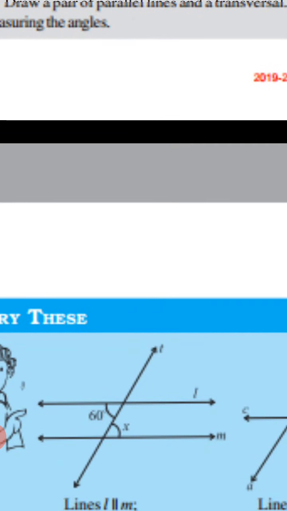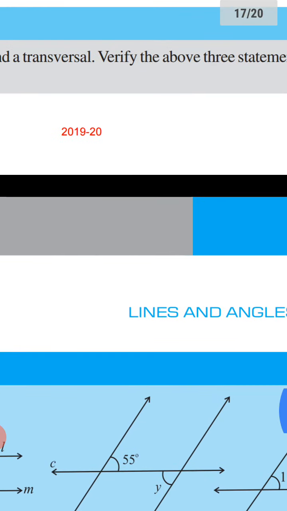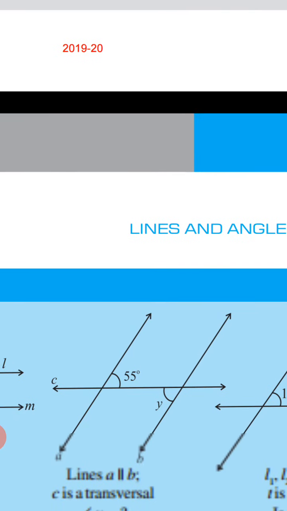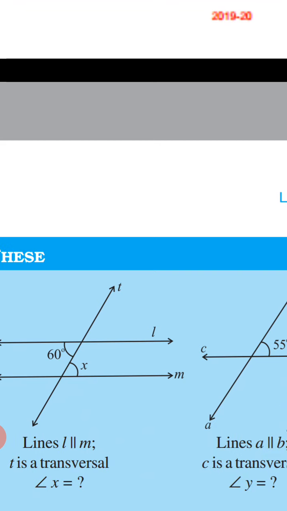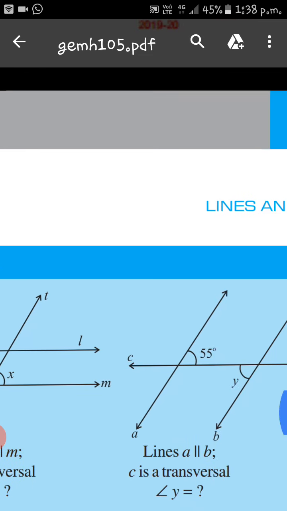Now you see here another pair of lines. X and 60 degree are alternate interior angles, and they are of equal measure, so X is equal to 60 degree.